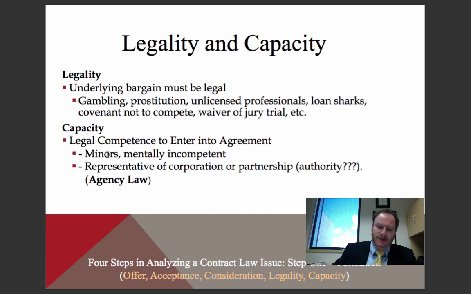Further, minors, or someone who's below the age of 18, which is the age of majority in most states, are deemed to be mentally incompetent. Again, this is a public policy matter. Why do you guys think that someone below the age of 18 is mentally incompetent and must have their parent or legal guardian contract on their behalf?